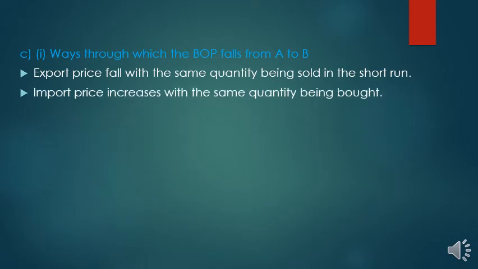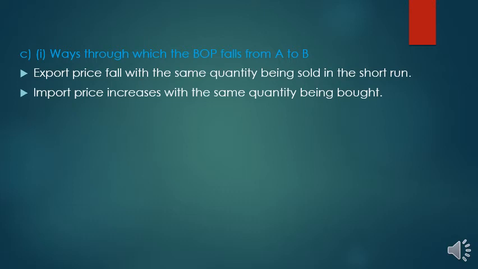Another point is that import prices are increasing with the same quantity being bought. Now that the price of import has increased and we are still buying the same quantity, it worsens the balance of payment situation. Remember, the balance of payment is looking at what? The amount of currency that comes in and the amount of currency that goes out. If the amount that comes in is more than that which goes out, it is favorable.